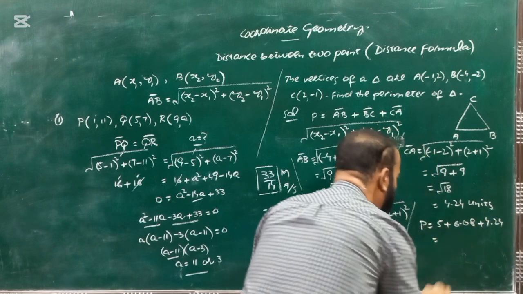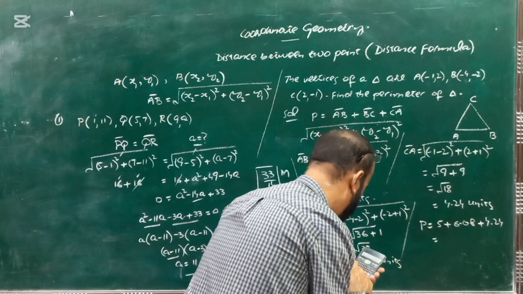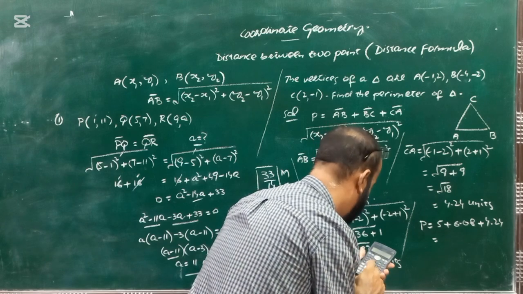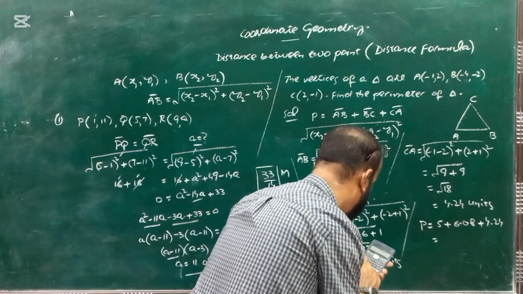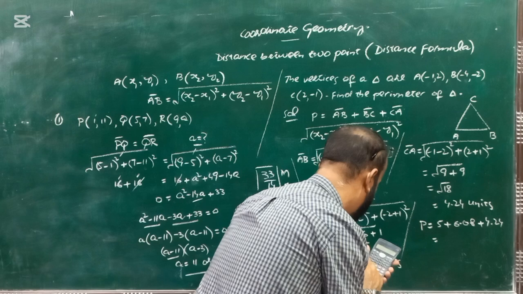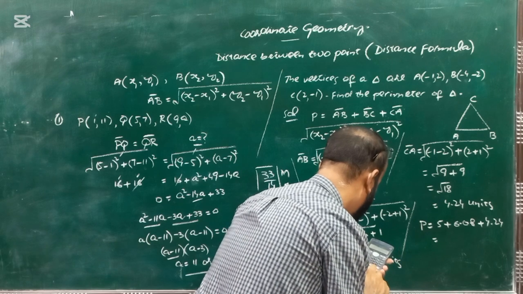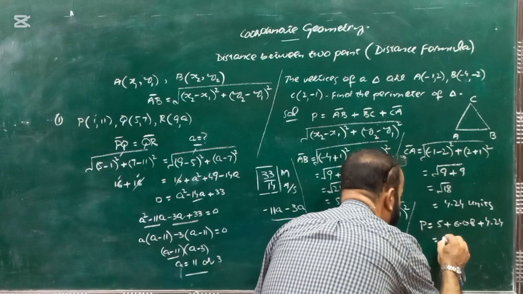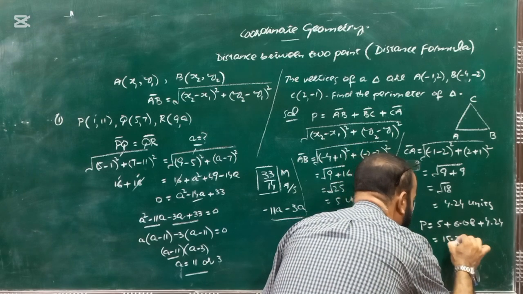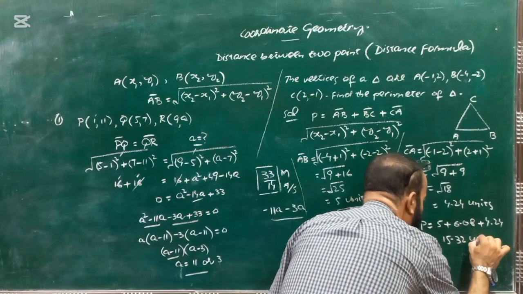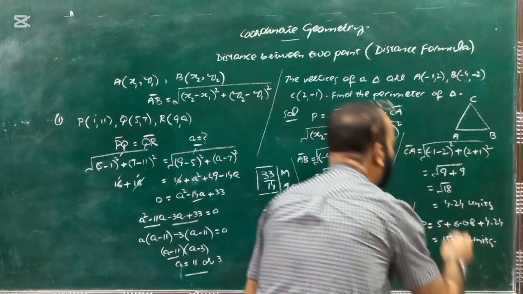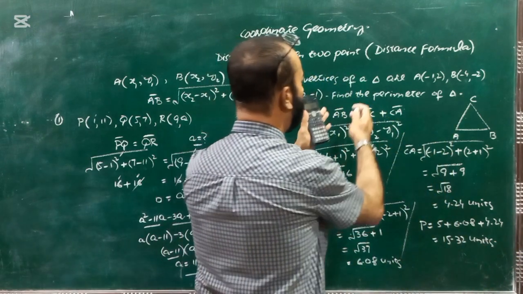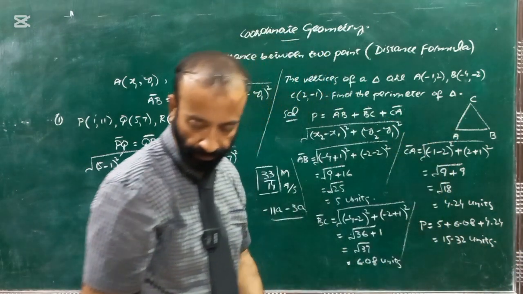So adding all three values, 5 plus 6.08 plus 4.24 is equal to 15.32. So this is the perimeter of the triangle which has these vertices.